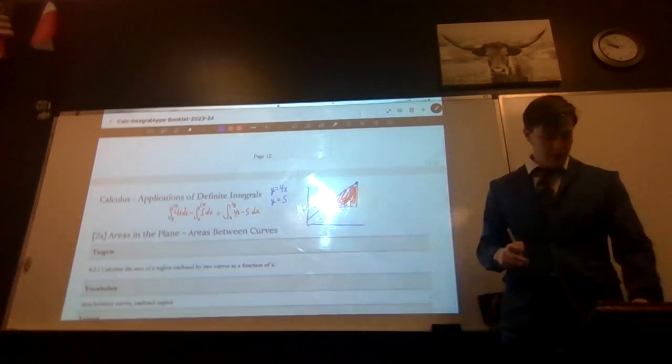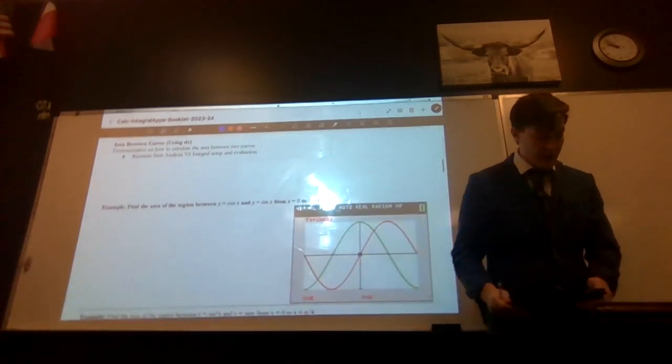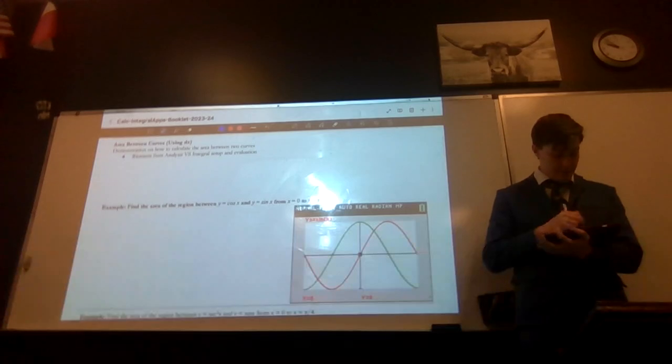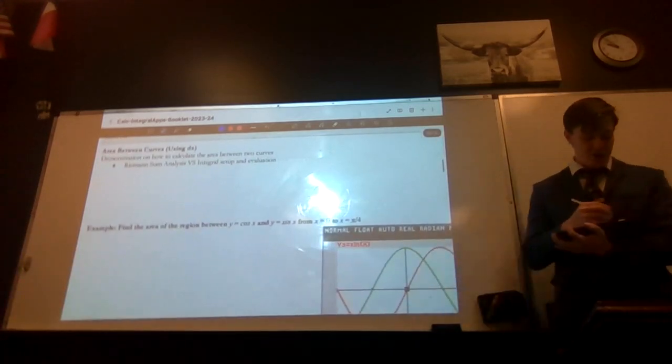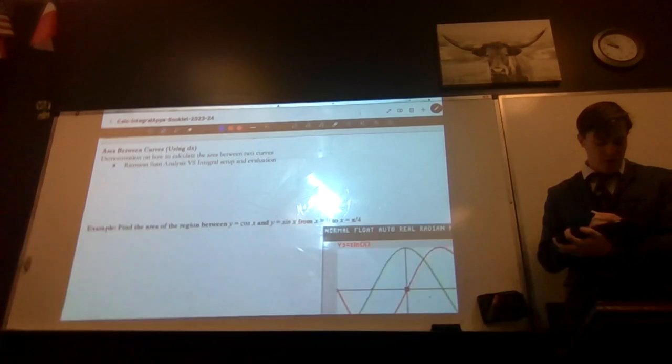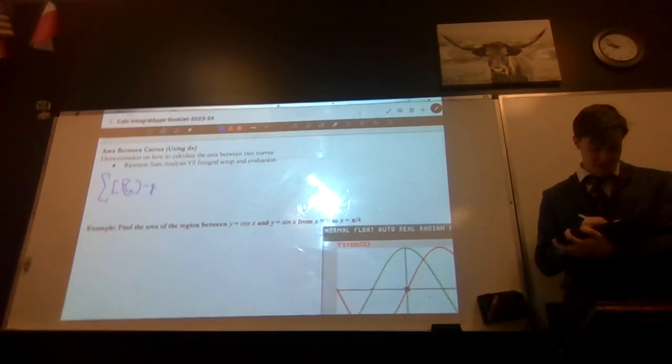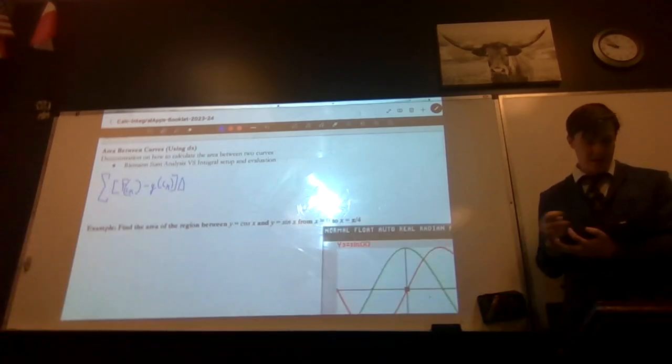Okay. Now, let's go ahead and go over the actual formula. If I do this with the summation, as we saw before, I'm going to be summing all the rectangles here in between these two, which is going to be f of c sub k minus g of c sub k times delta x.